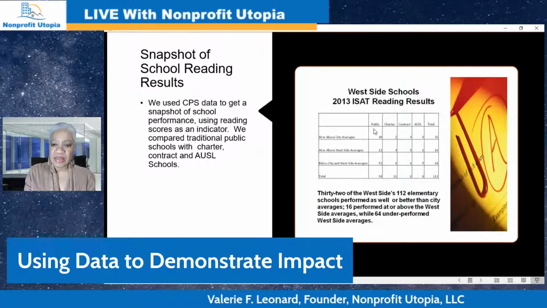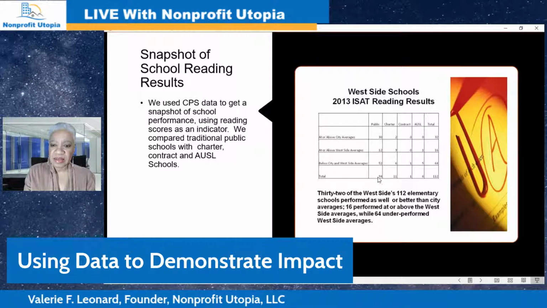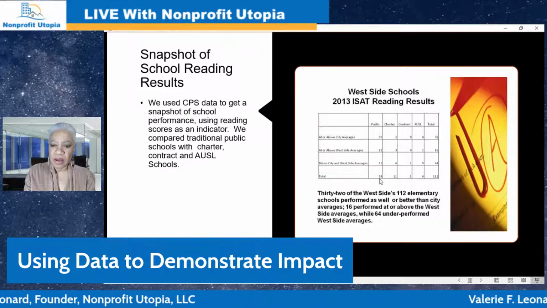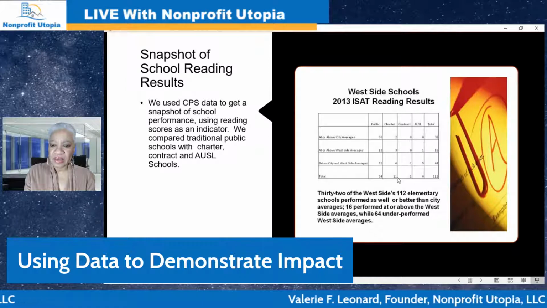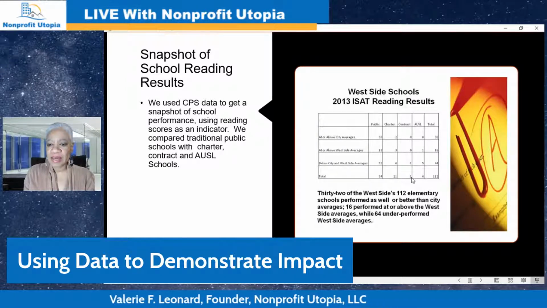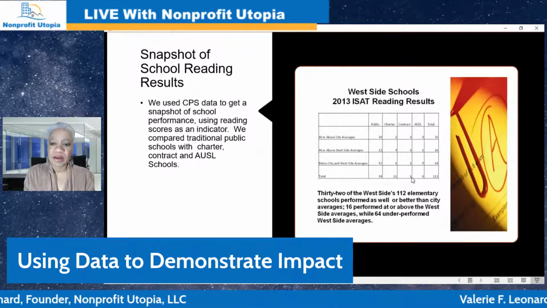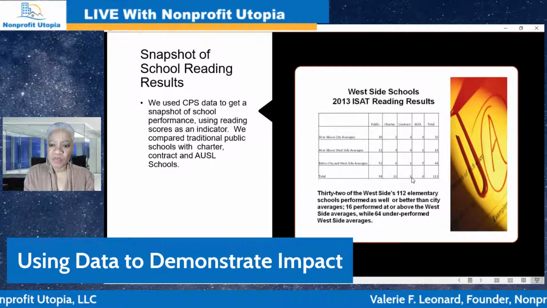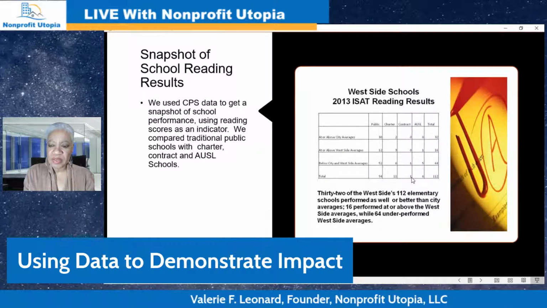So when we looked at the public schools, we noticed that there were 94 public schools, 11 charter schools, 1 contract school, and 6 AUSL schools, for a total of 112 schools.